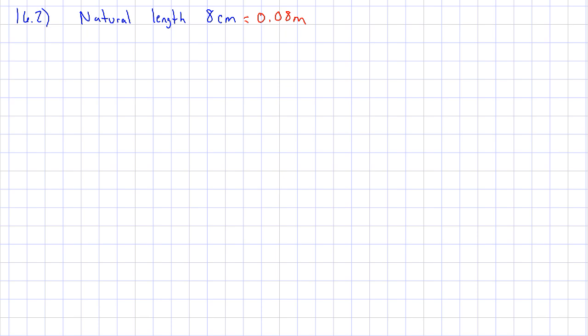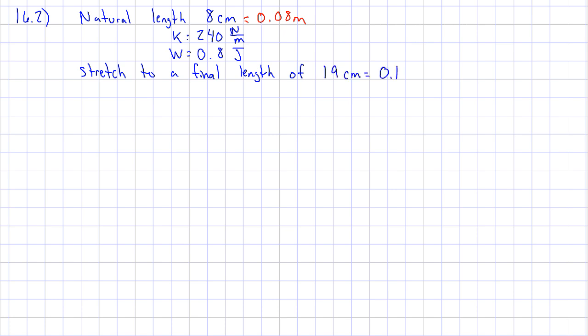I know that my spring constant K is equal to 240 newtons per meter. I am going to apply 0.8 joules of work, and I'm going to stretch the spring to a final length of 19 centimeters, which equals 0.19 meters.